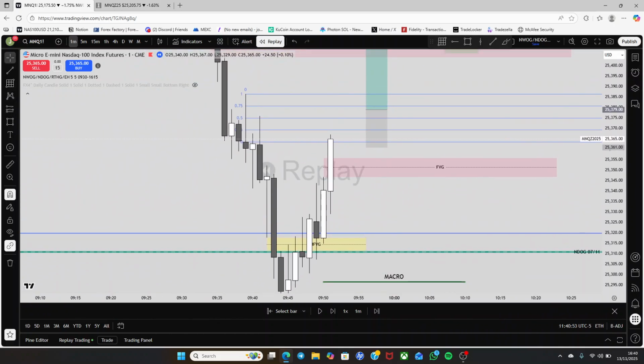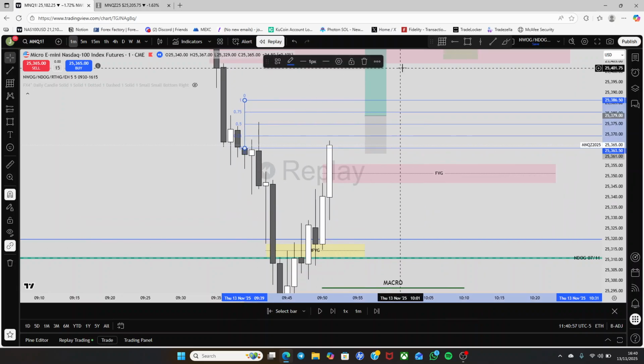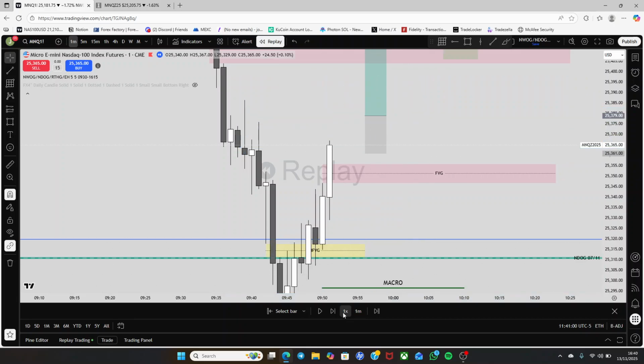But I like to wait for one more minute confidence, so there you go. First fair value gap formed within macro, key level again.